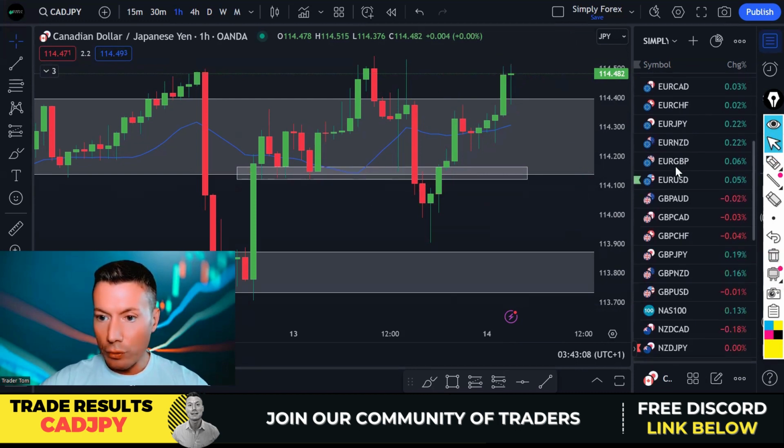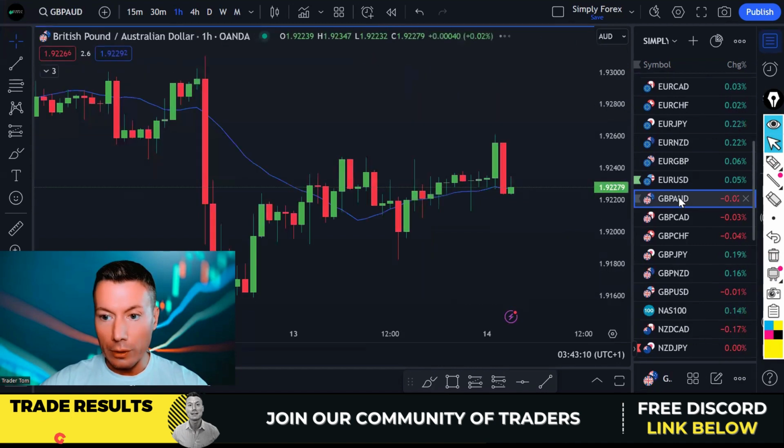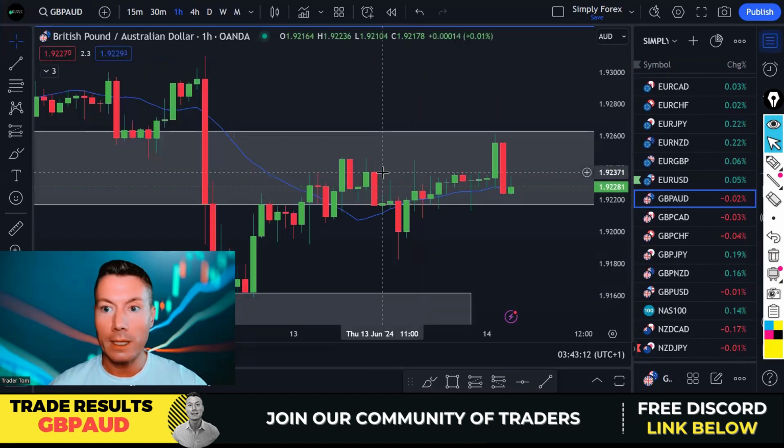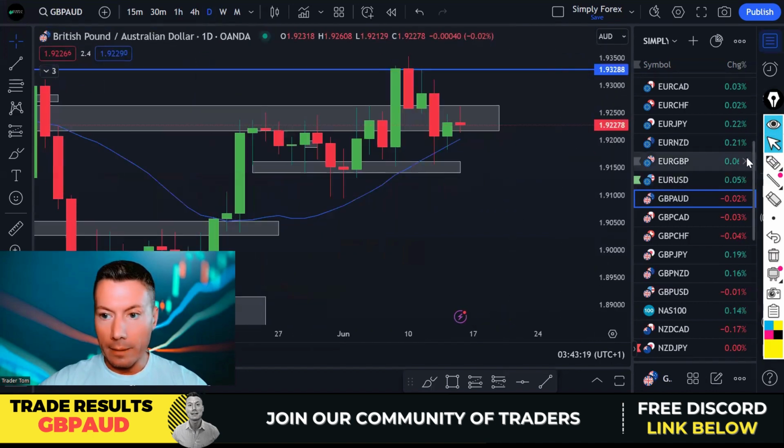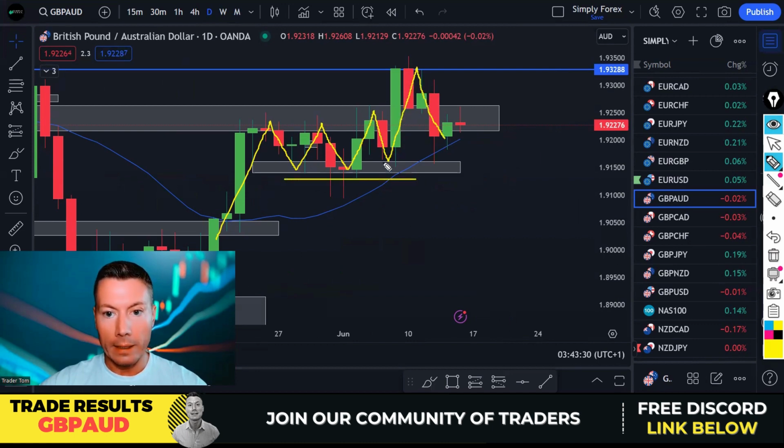And then the next trade we took was pound Aussie dollar. Like I say, yesterday just gave us setup after setup. If we start with the day chart, so we can understand direction. And if we look at pound Aussie dollar, we are in an uptrend, right? We're getting higher lows, higher highs.